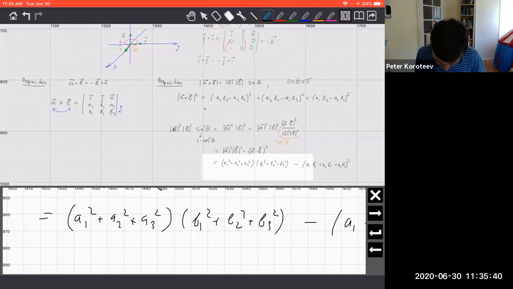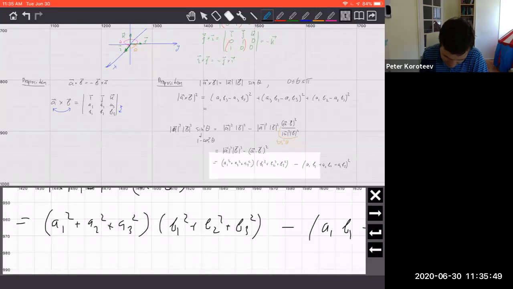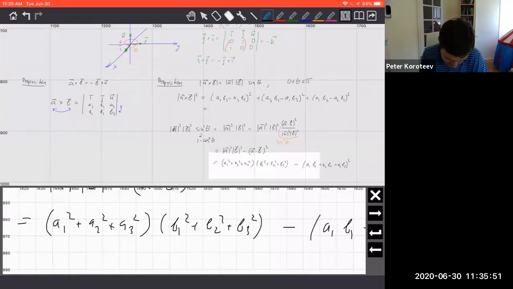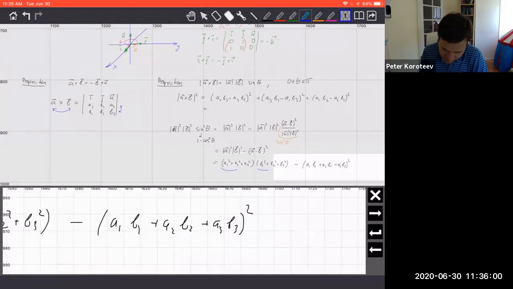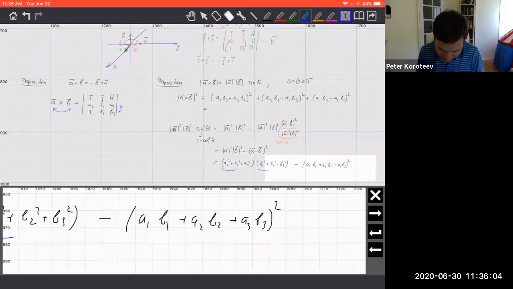So let's maybe start with the bottom, since we're already doing this calculation. The terms coming from the first two parentheses will cancel all the squares that come from here.